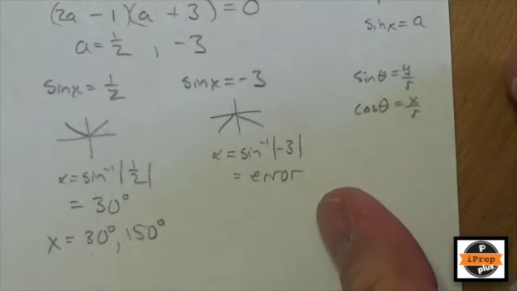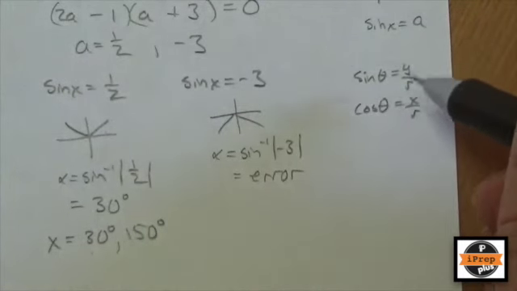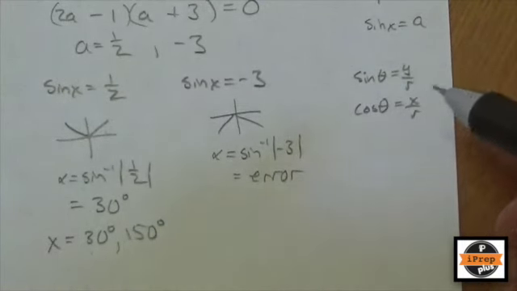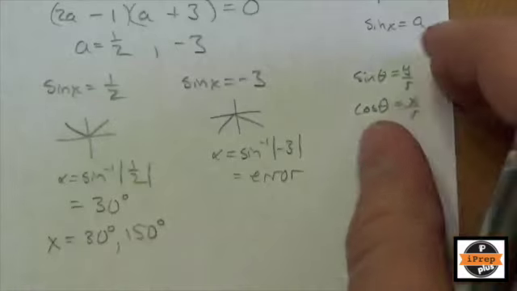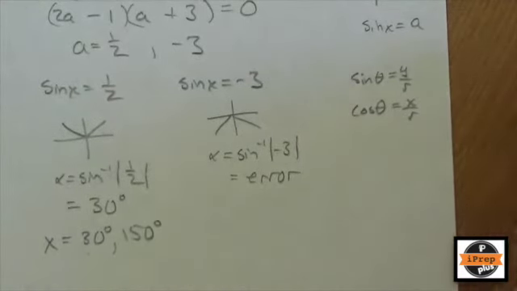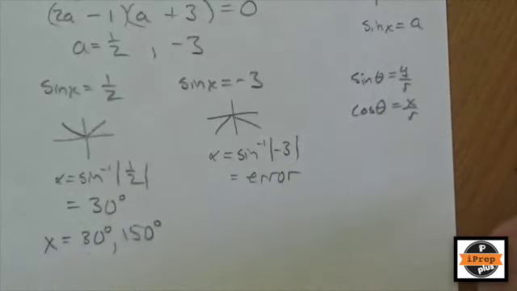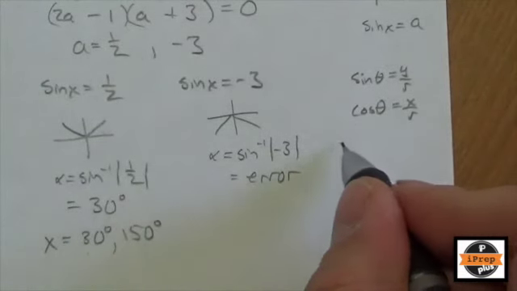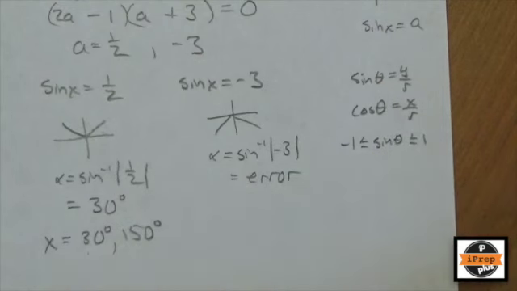And in the right angle triangle, the hypotenuse is always the largest side. That means that these ratios will always be less than or equal to 1. The sine and cosine ratios, when you account for the full circle, are always between negative 1 and 1. So sine has got to be somewhere between negative 1 and 1.